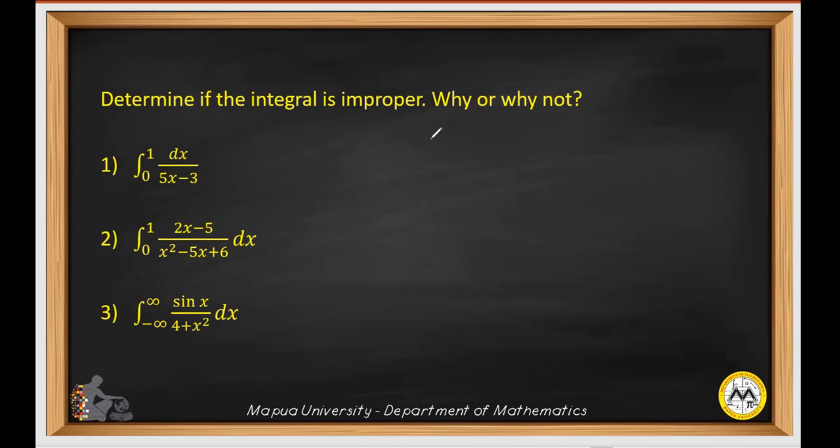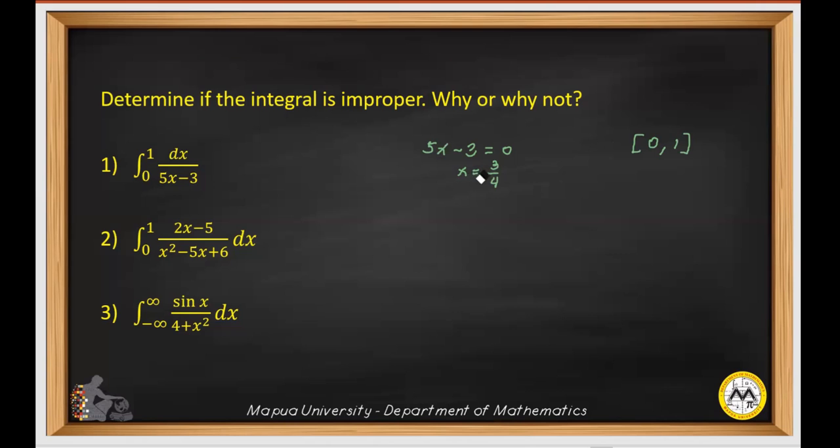If we want to determine the value of x that will make the denominator 0, we simply equate 5x minus 3 to 0. And if we solve for x, then x is equal to 3 over 5. And since we are considering the lower limit 0 and upper limit 1, then we are considering the closed interval from 0 to 1. The value of x that will make the denominator 0 is x equals 3 over 5.